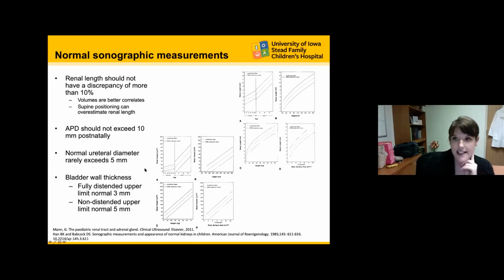Bladder wall thickness is a little bit of a tough one. That definitely depends on distension of the bladder. But when the bladder is fully distended, generally the upper limit of normal for bladder wall thickness is 3 millimeters. In a non-distended bladder, that wall is going to appear thicker, and it's considered to be normal up to 5 millimeters.